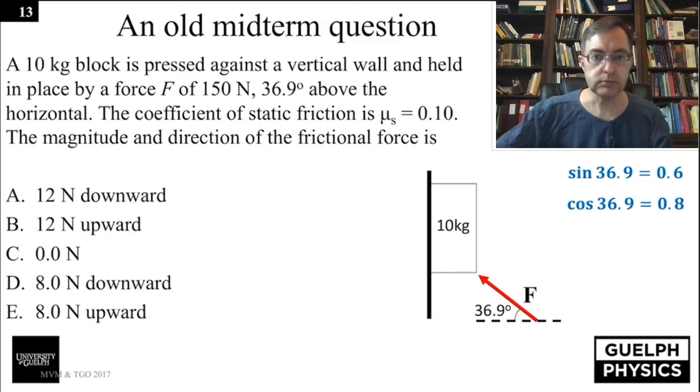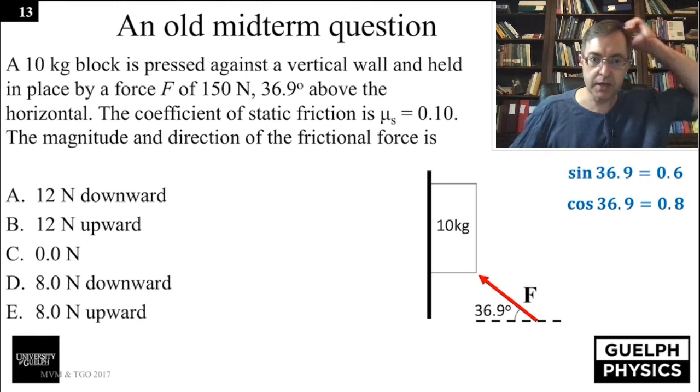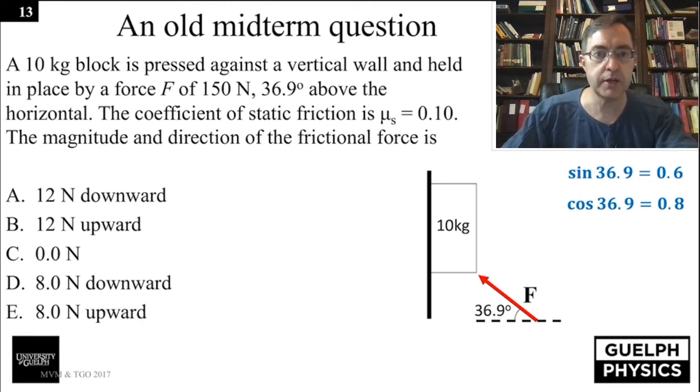Now let's do this old midterm question. A 10 kilogram block is pressed against a vertical wall and held in place by a force of 150 newtons, 36.9 degrees above the horizontal. So there's your 36.9 degrees above the horizontal.